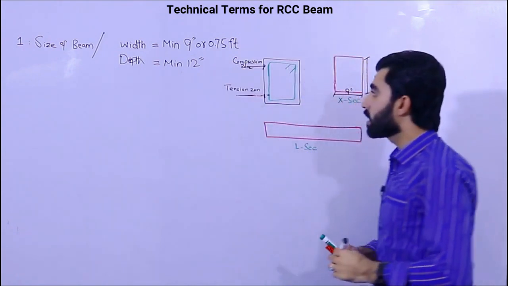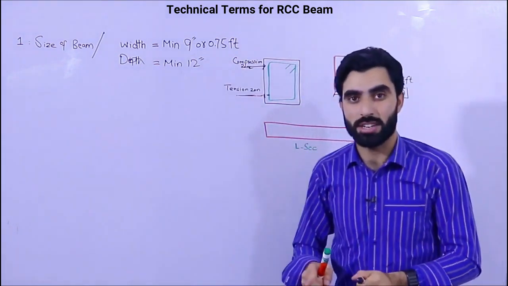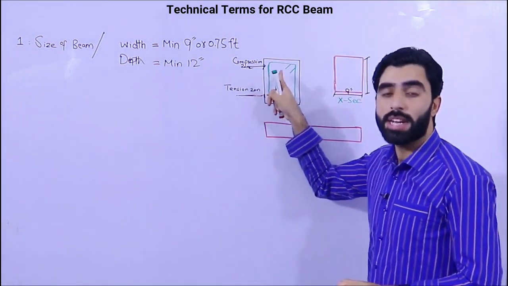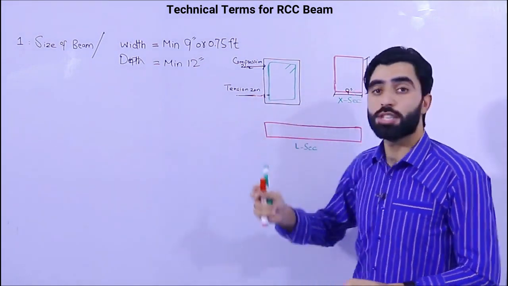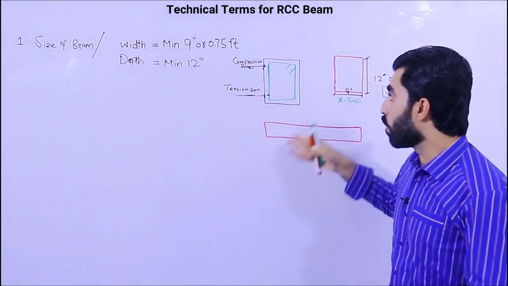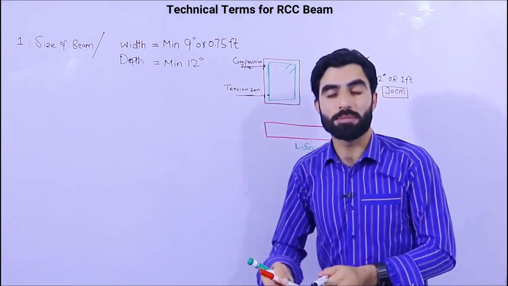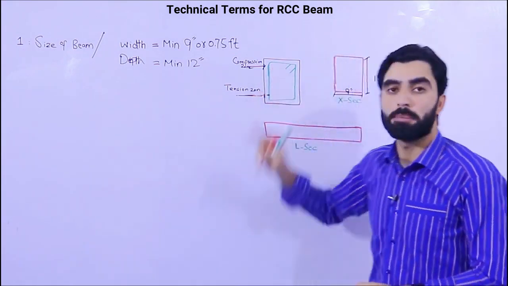Remember guys that concrete is strong in compression, but concrete is weak in tension. So we should use the maximum steel rods in the tension zone compared to the compression zone.